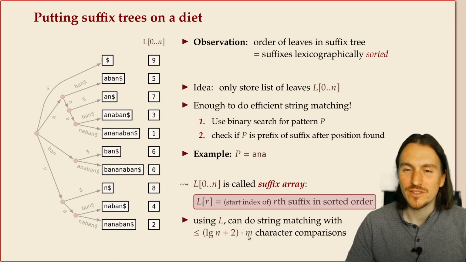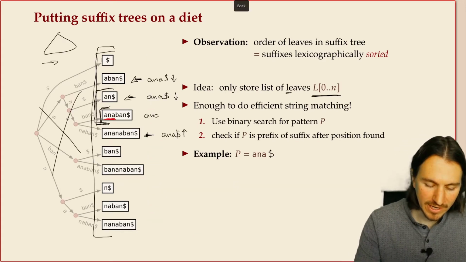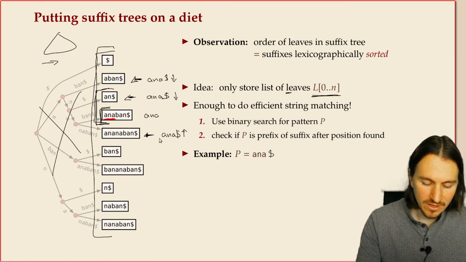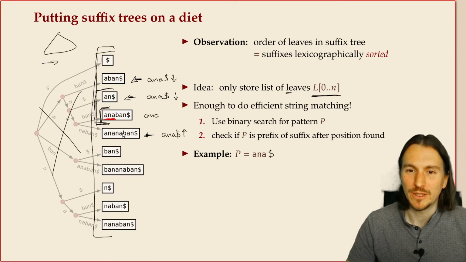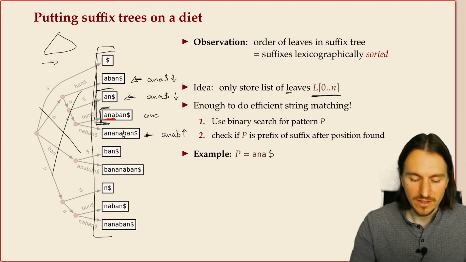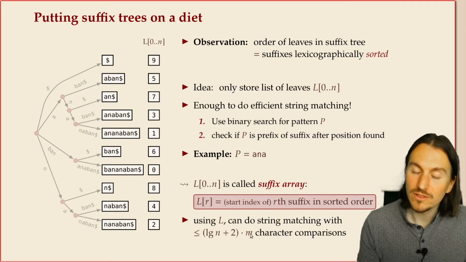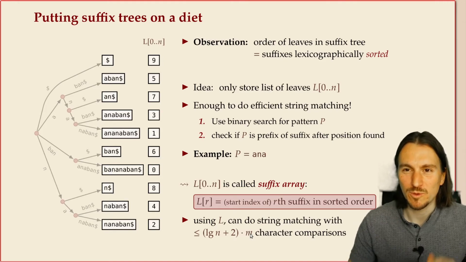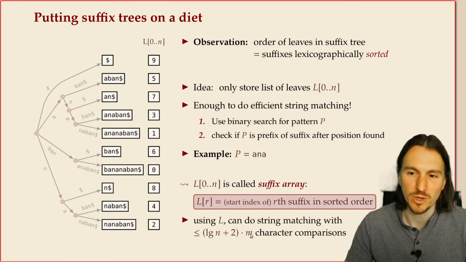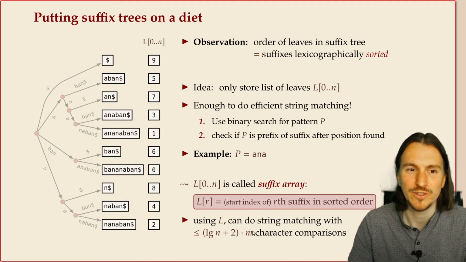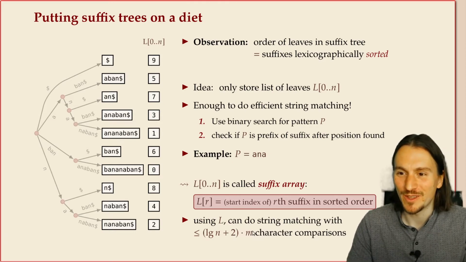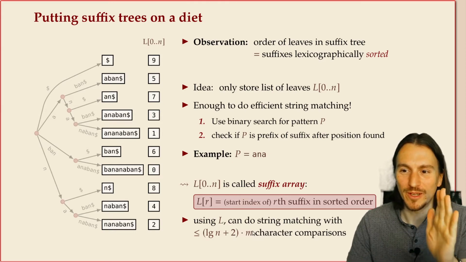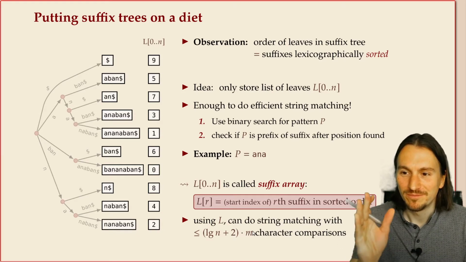And each of these comparisons, whenever I ask, is Anna smaller lexicographically than this text, each of these checks needs m character comparisons in the worst case, because we have to scan the pattern and the text from the left.